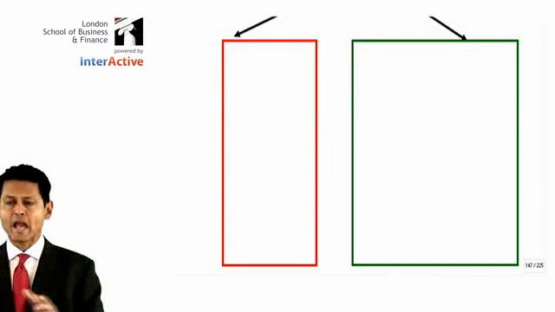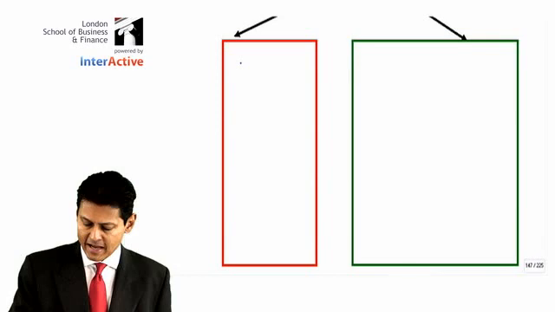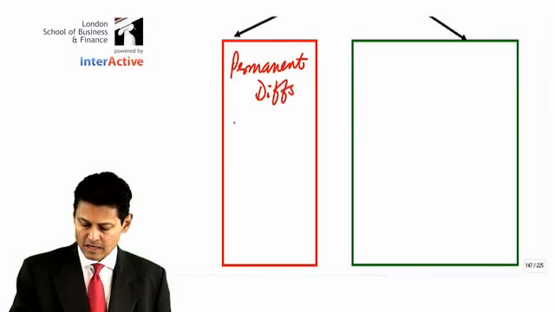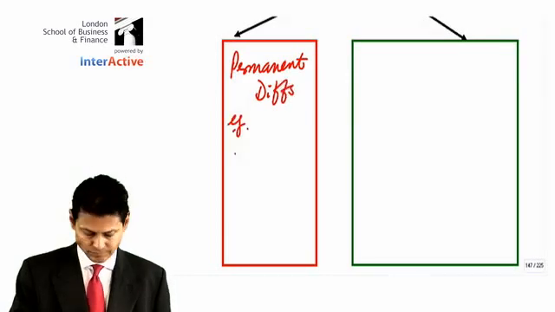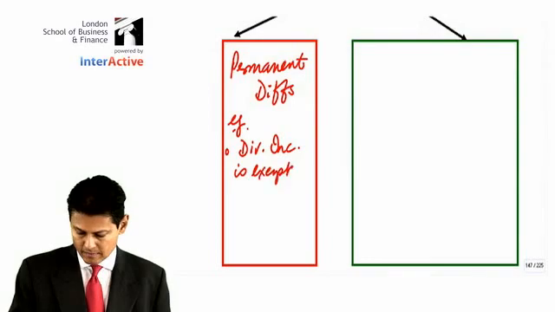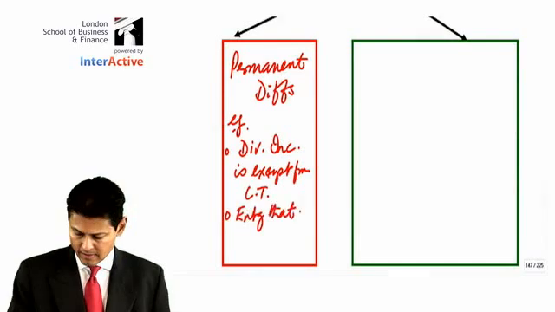We analyze that difference. On the left-hand side, we will have permanent differences, things like the fact that dividend income is exempt from corporation tax and certain entertaining that is disallowed.